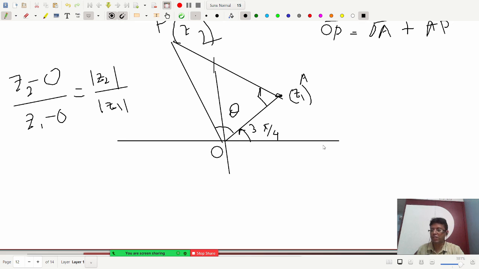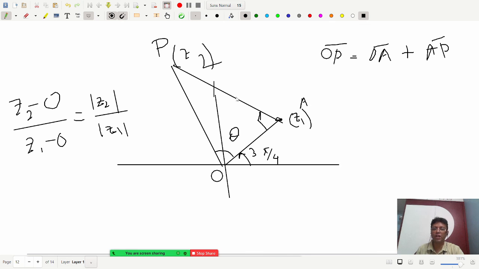Suppose theta. This is 3, this is 4. So how will you get theta? Tan theta is perpendicular over base. This is 90 degrees. So perpendicular per base is 4 by 3, you can calculate.